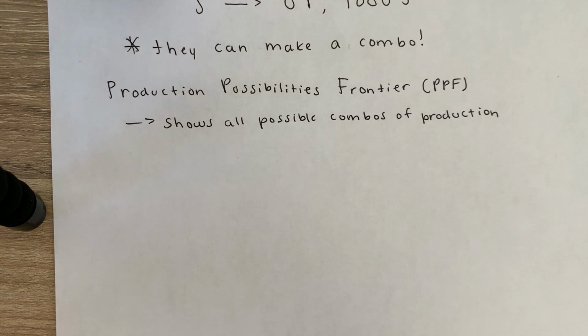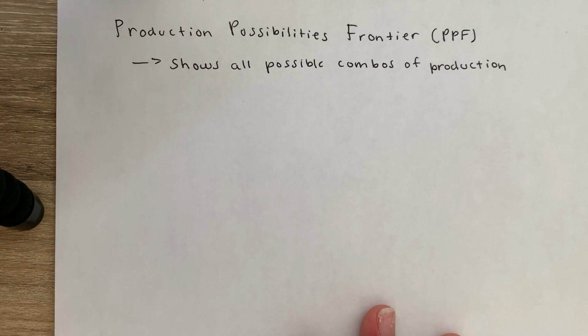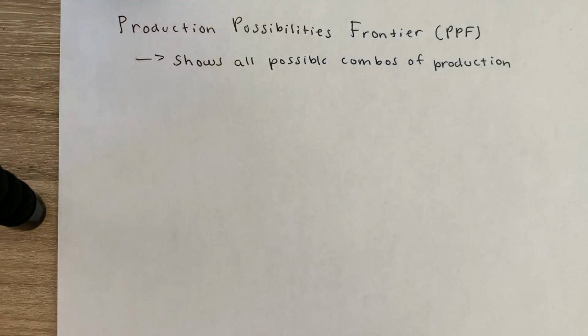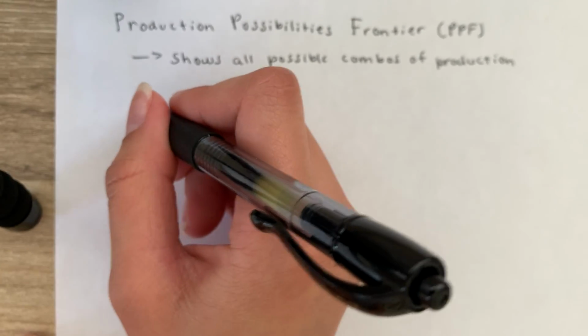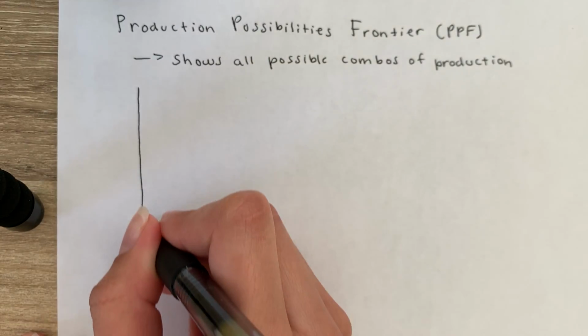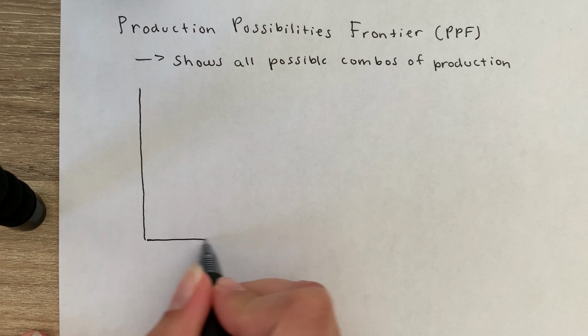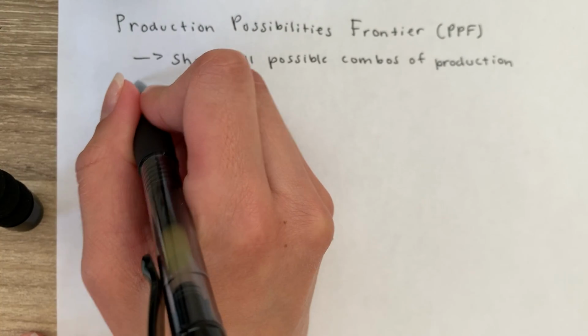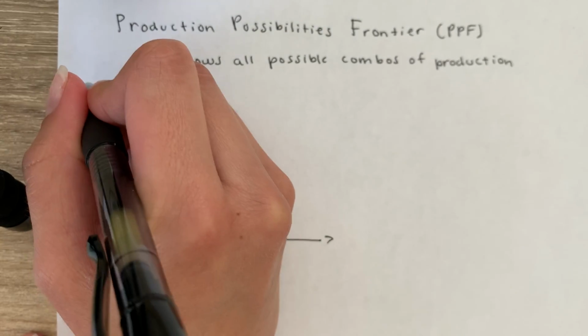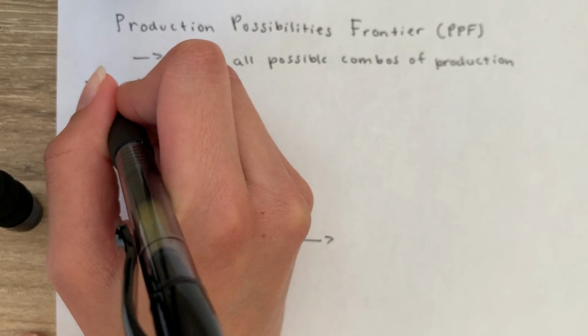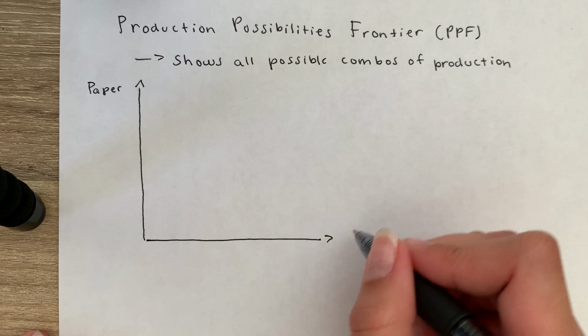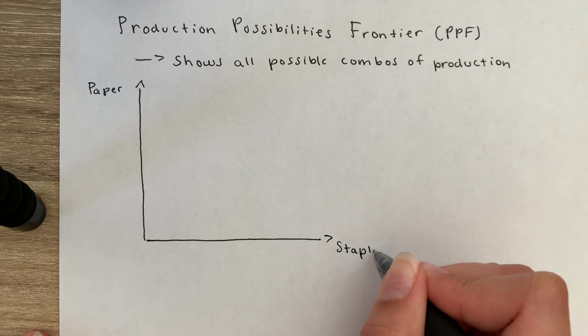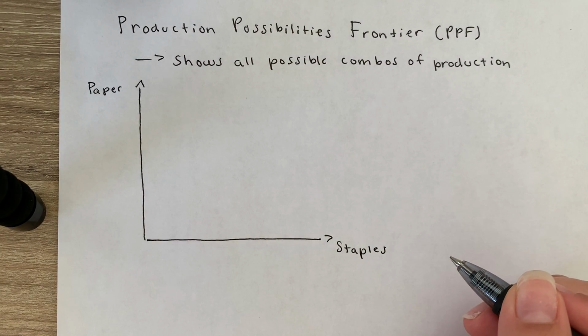So let's draw our graph. Right, so we have our little graph, also known as the PPF. All right, I'm going to put paper here on the y-axis, and then I'll have staples on the x-axis.